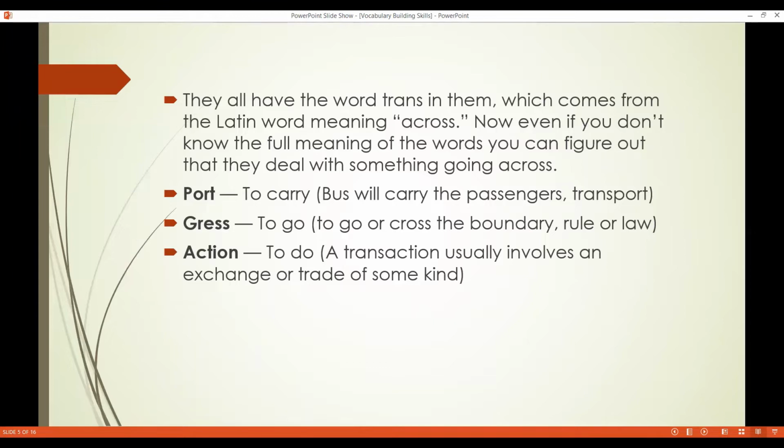Port means to carry, gress means to go across a boundary, or maybe any rule or law, and action is to do. A transaction usually involves an exchange or trade of some kind. So they all have one root word, that is trans.